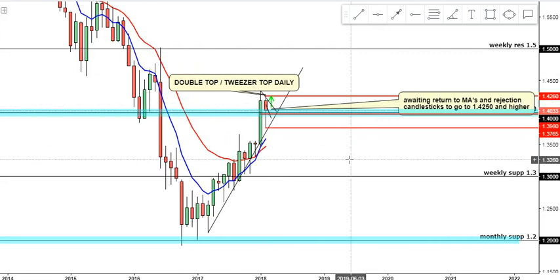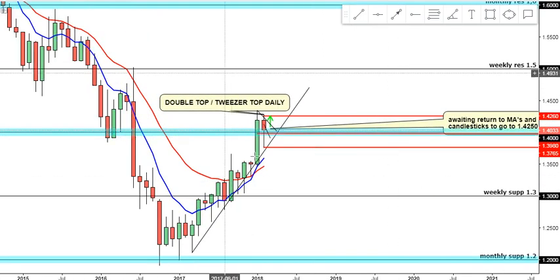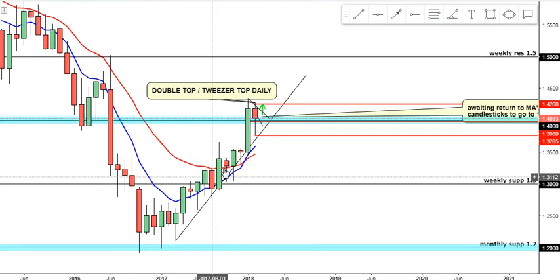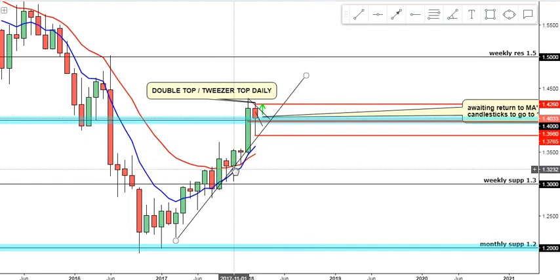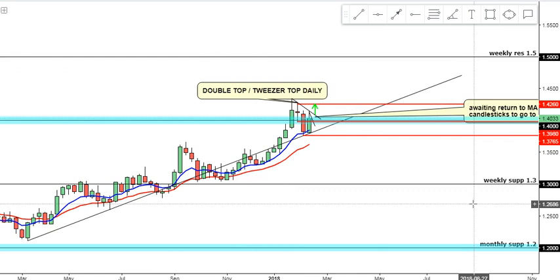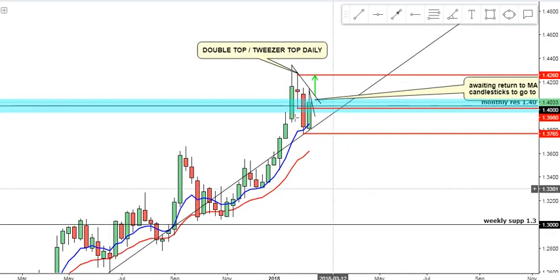Very huge key levels. So what can we take away from the monthly? We've broken through both moving averages upwards, made a new high, and we're coming back to test the moving averages. So we're still in that phase of going back and testing them.